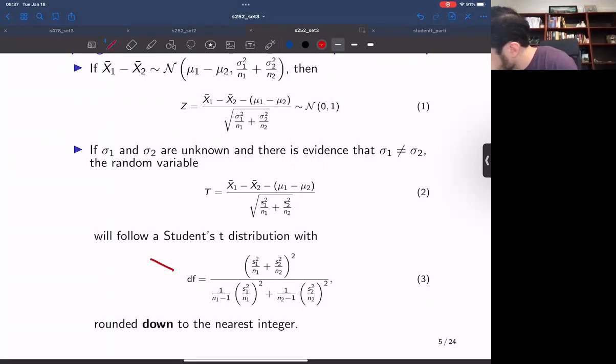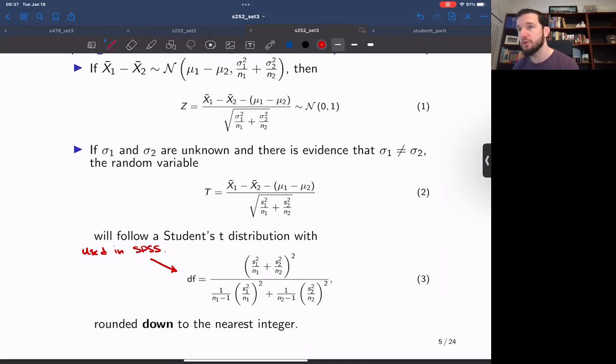Any software program is going to compute the degree of freedom using equation 3 when you are running an independent 2-sample test. In lecture, we're not going to use this degree of freedom formula because, again, it's quite cumbersome to compute.